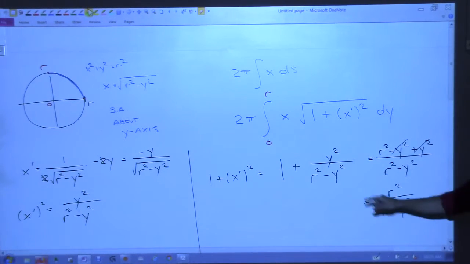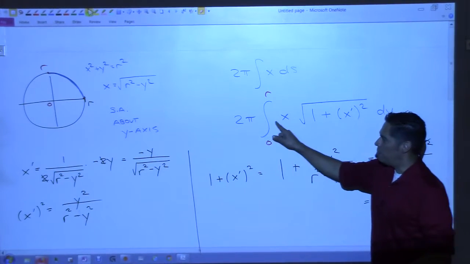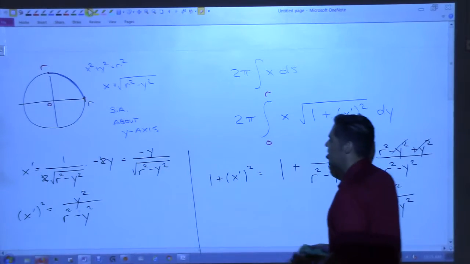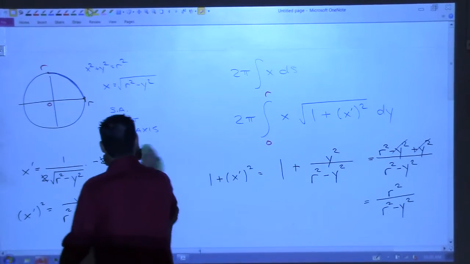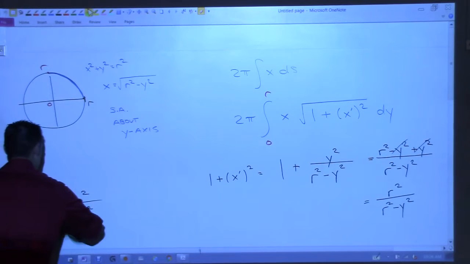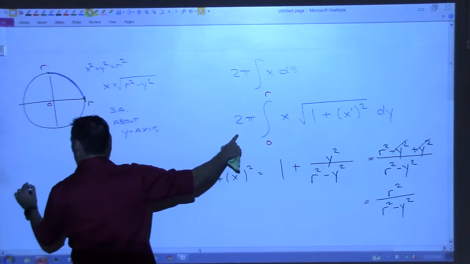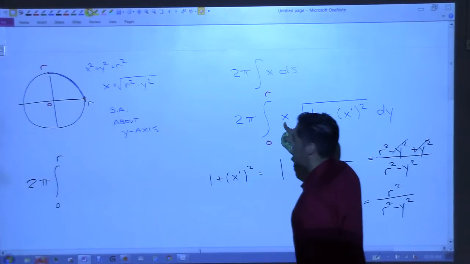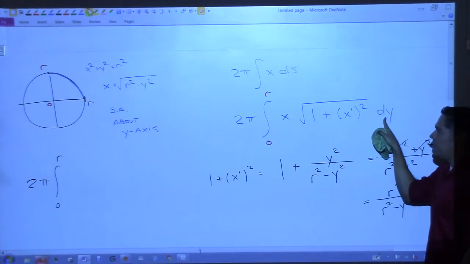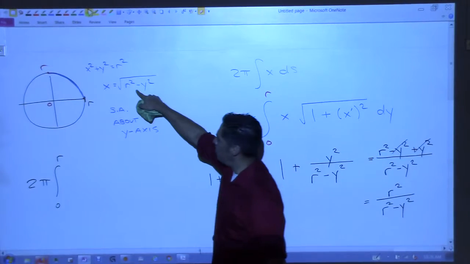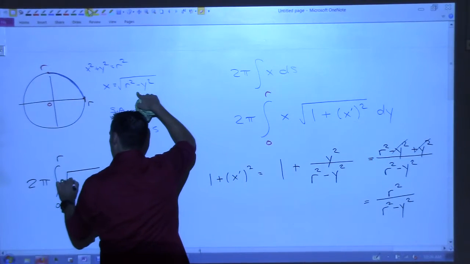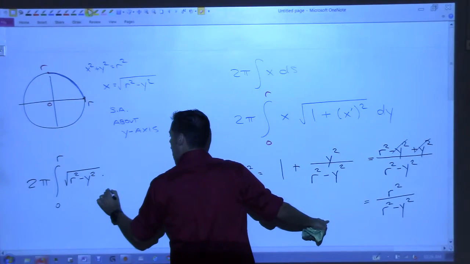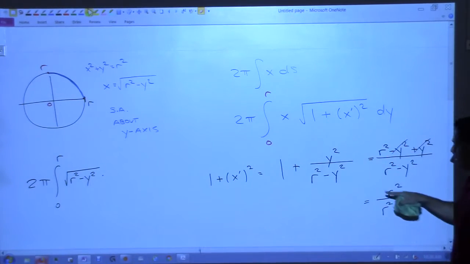What's x going to be replaced with? That. Do you see what's about to happen? This is going to be awesome. Okay, so look, time to go to the integral. Integral 2 pi, integral 0 to r. Now x, because I have to have y's in it, has to be replaced with my equation for x, which is this root of r squared minus y squared, but then times the square root of this, right?